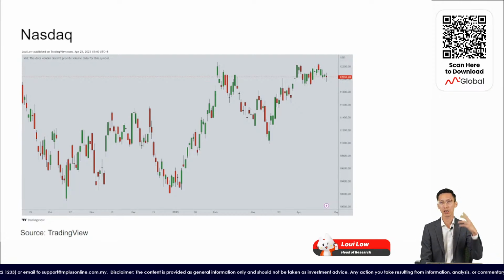But QQQ is only in the direction of long. If you are looking at leveraging your investment journey, you can also look into leveraged ETFs for QQQ, whether leveraged bull, leveraged long, or leveraged short as well.